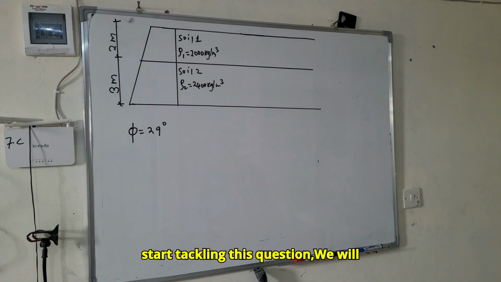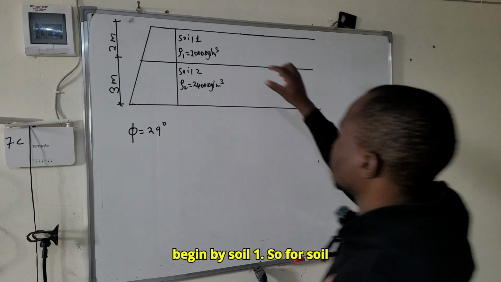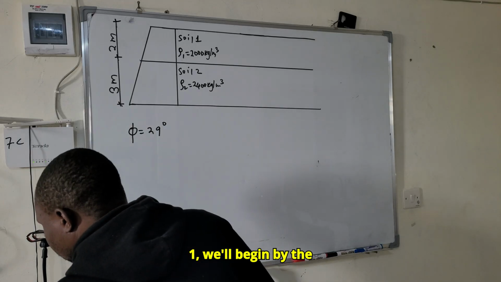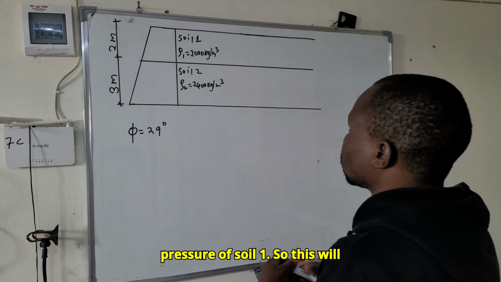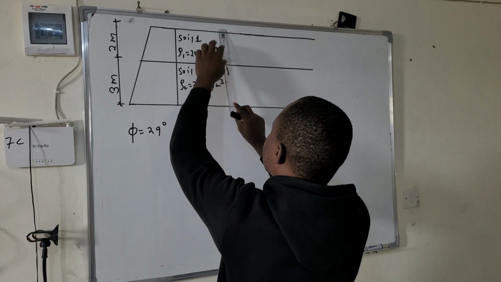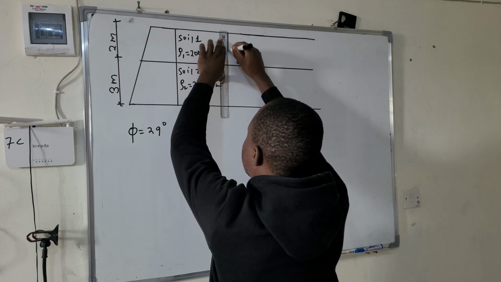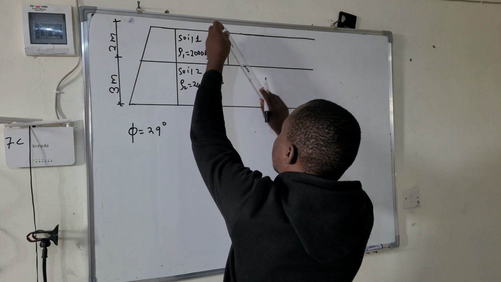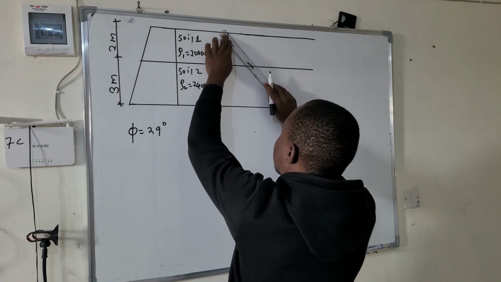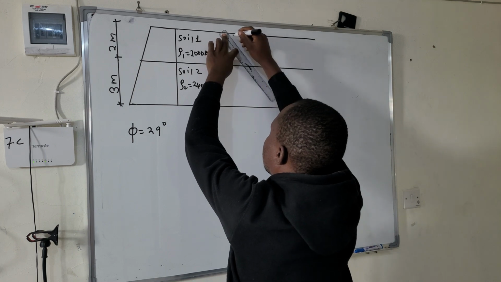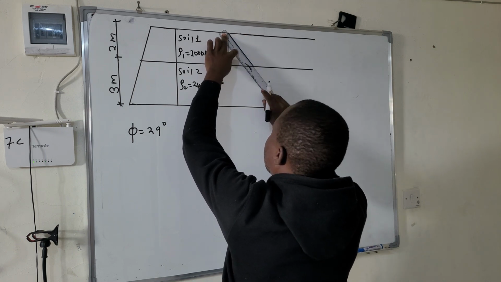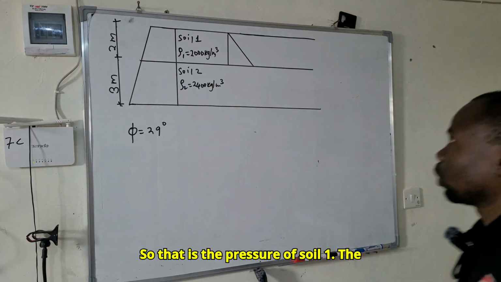To start tackling this question, you will first draw the pressure diagram as a result of the retained soil. We will begin with soil 1, and the pressure of soil 1. So that is the pressure of soil 1.